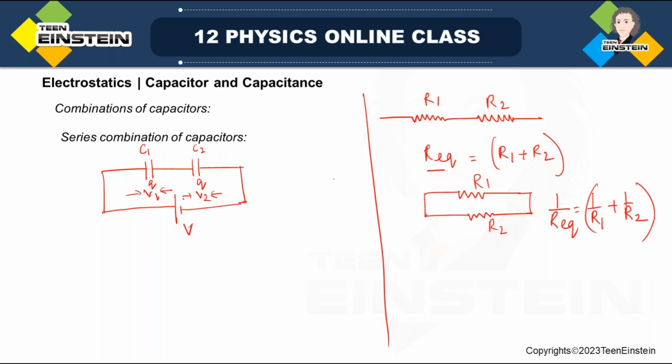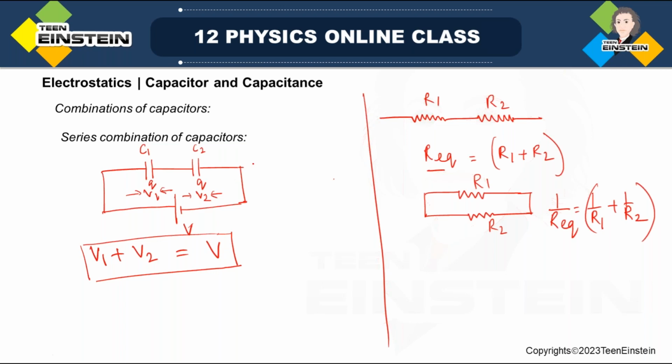The total sum of the potential drop across C1 and C2 will be equal to V. Sorry, V1 plus V2 is equal to V. This is the key concept here. Otherwise, charge is the same for both the capacitors.